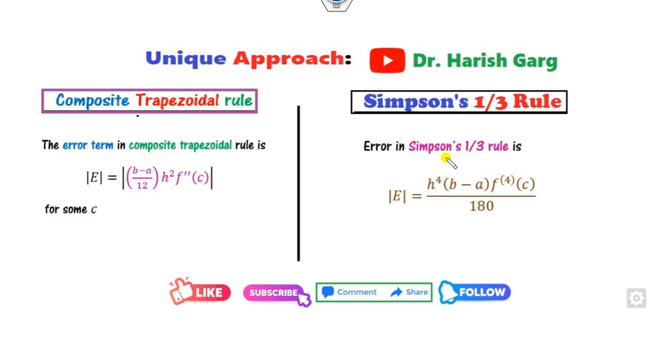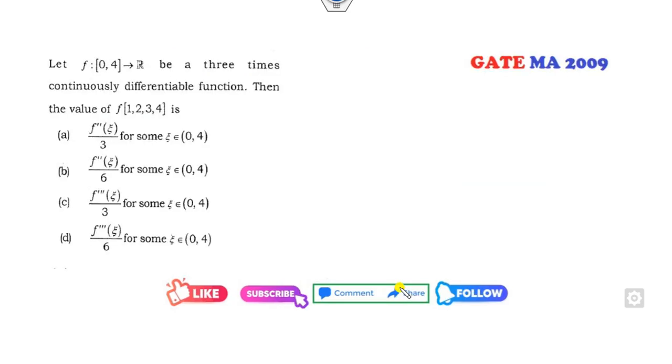Similarly, the error in the Simpson 1/3 rule is defined here. If you want to find the maximum error, then you have to take the maximum of this function. First find the fourth derivative and then find its maximum over the interval a comma b. Now based on these simple shortcut tricks, I can solve each of the PY question series.